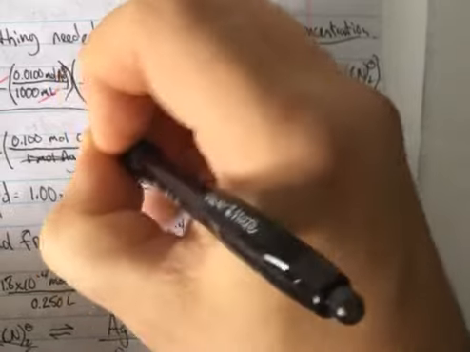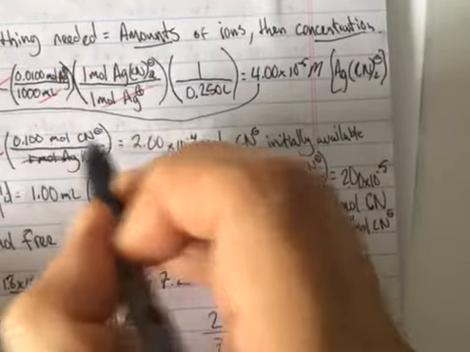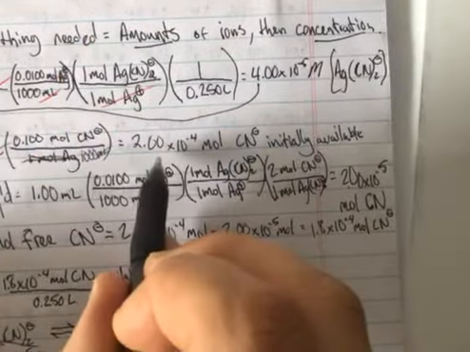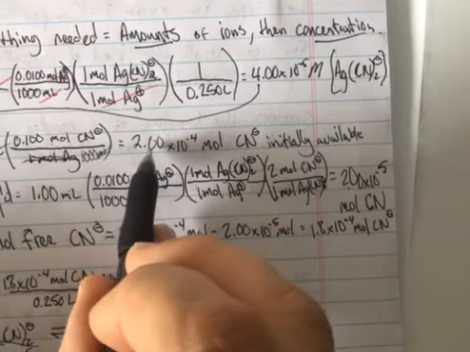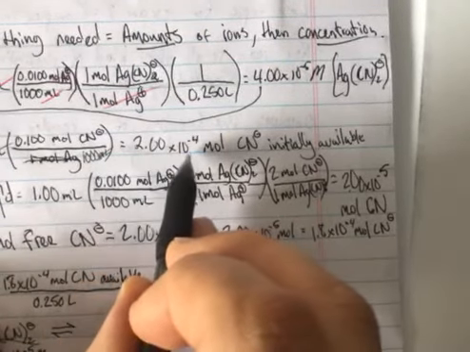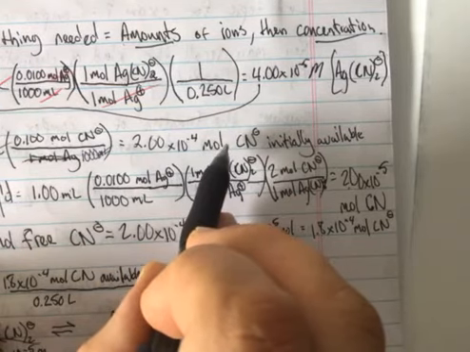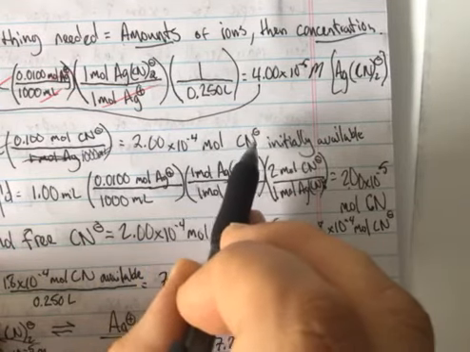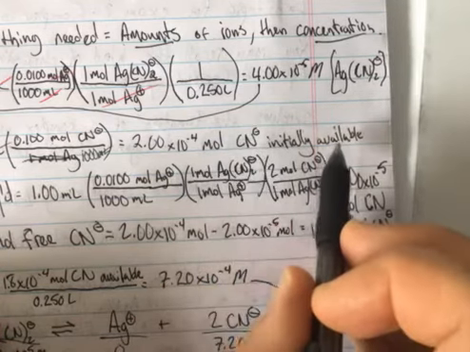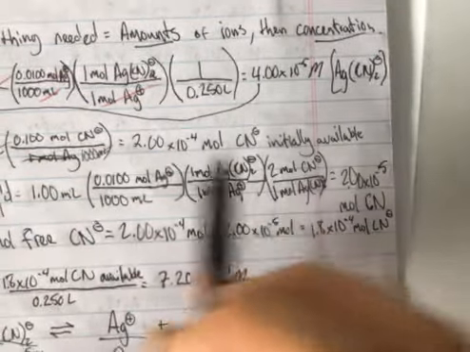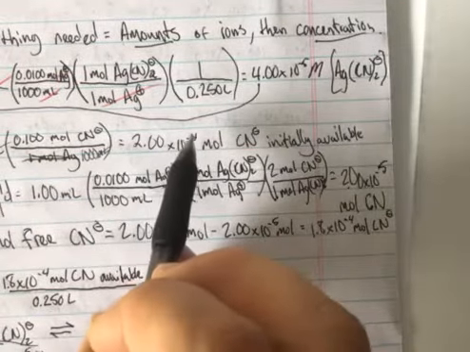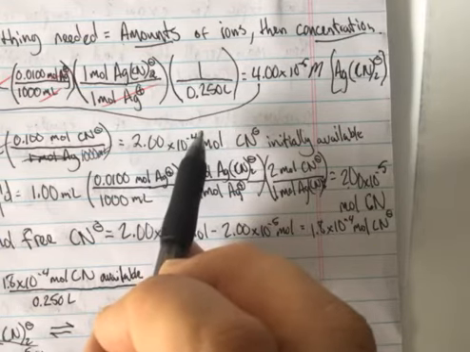Sorry about that. So again, milliliters cancel out, and then you're just going to be left with 2.00 times 10 to the minus 4 moles of CN minus initially available. In other words, this is what you're going to be starting off with.